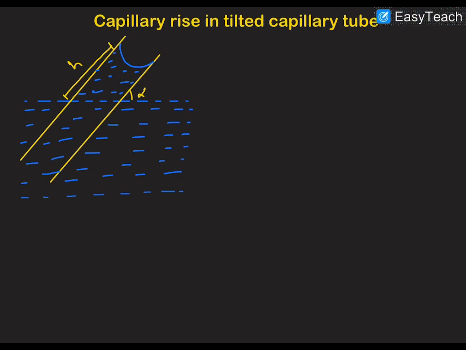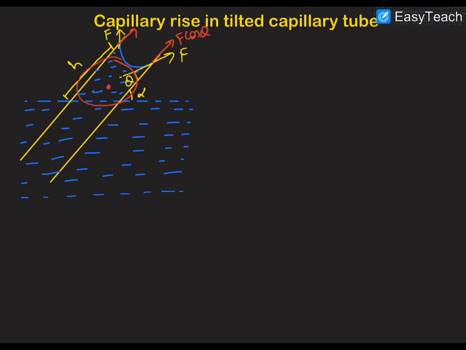Now if we talk about the second method, in the second method we have used the forces. So again we will be using the same forces here. Let us assume that this force F is the cohesive force acting, and this angle is theta. So the component of force F along the tube is F cos theta. And mg is the weight of this part.